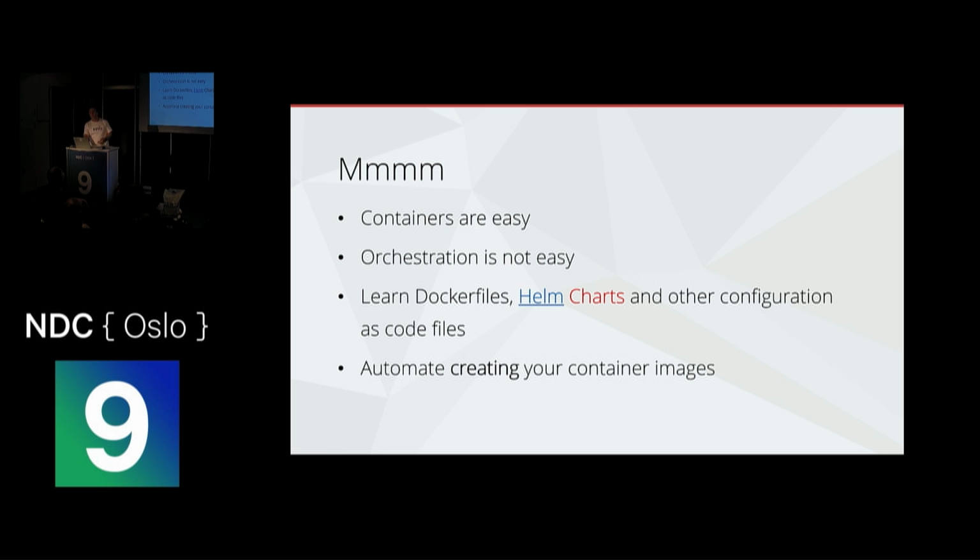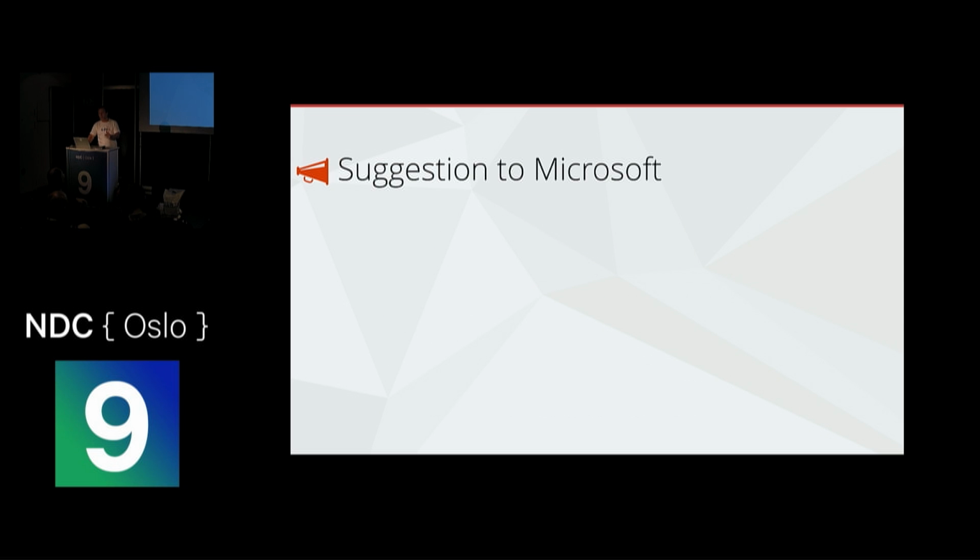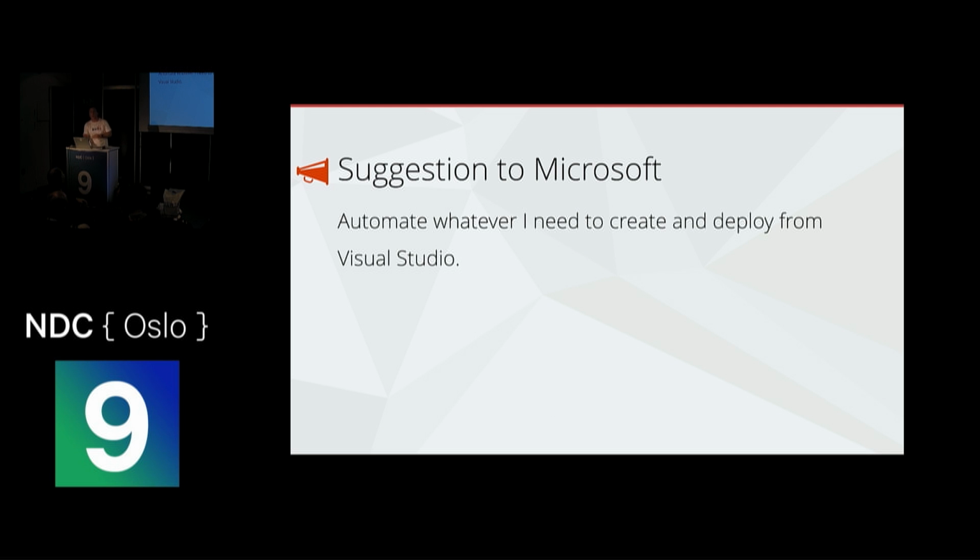What you want to do is you want to automate creating your container images and deploying them. So you want to automate creating and deploying. That's what we need. I don't want Jason to use it because there's just so much in there. Okay. What Microsoft should do is when I go File New in Visual Studio, create all the stuff that I need so I don't need to know what Kubernetes is.